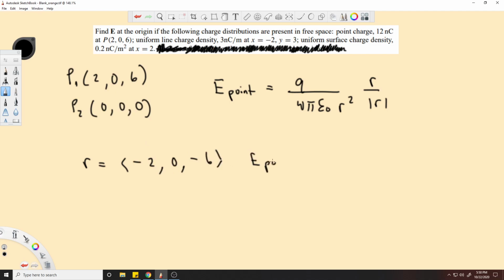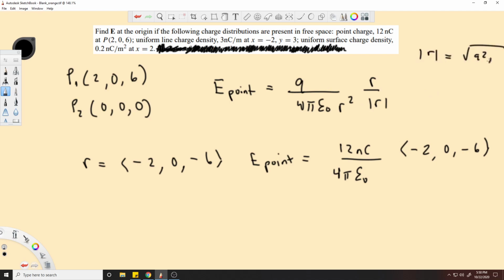So E point. Plug in our Q, which is 12 nanocoulombs, over 4 pi epsilon naught r squared. Put this in first, negative 2, 0, negative 6. This we can write as a squared plus b squared, so we'll write this whole thing as r to the 3/2.